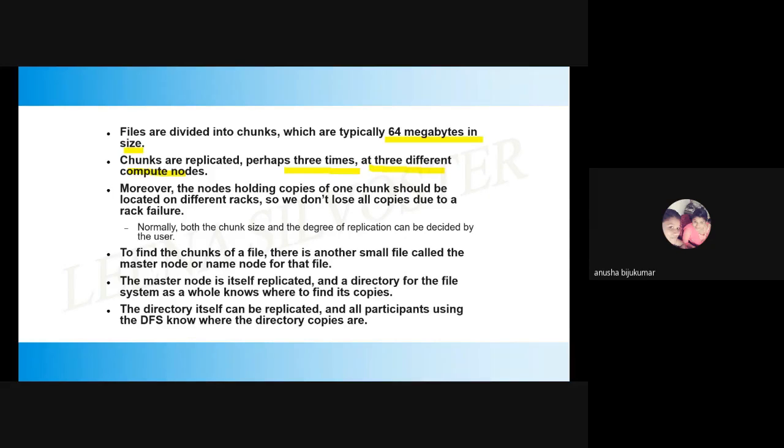In order to find the chunks of a file, you can use another file called master node or name node.